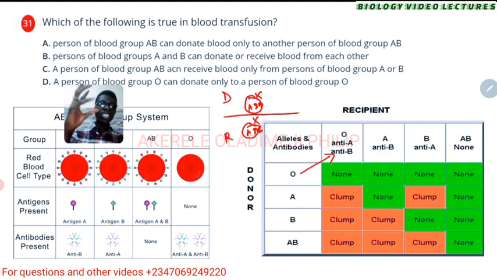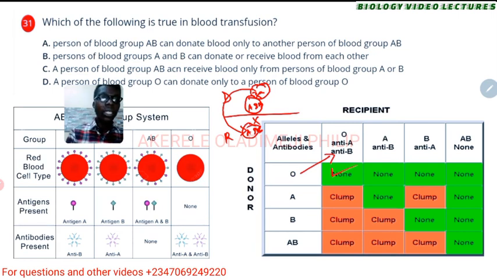So your antigen will go and look at the recipient's antibody. Now, the question here is, blood group O does not have any antigen to look for anything. So there's no agglutination. You can receive it, that's why I say none.